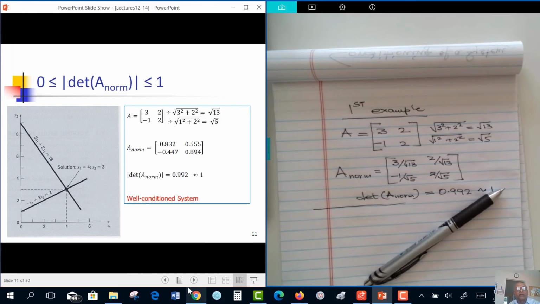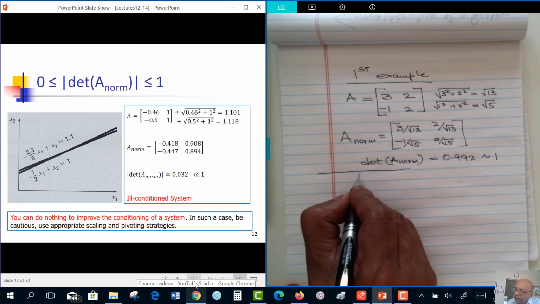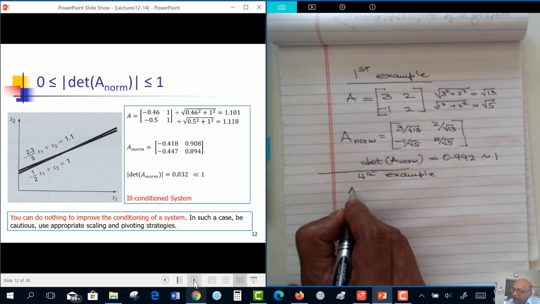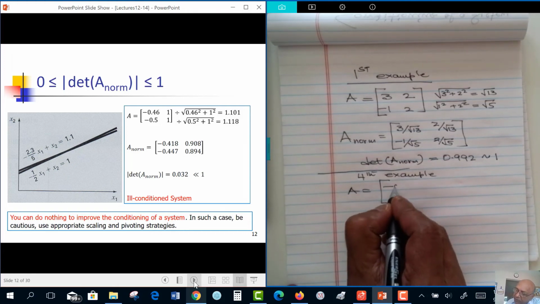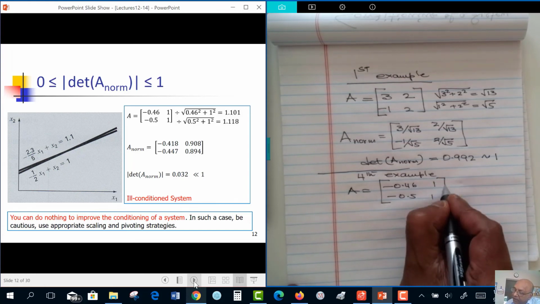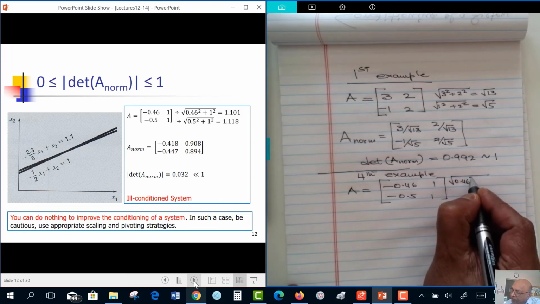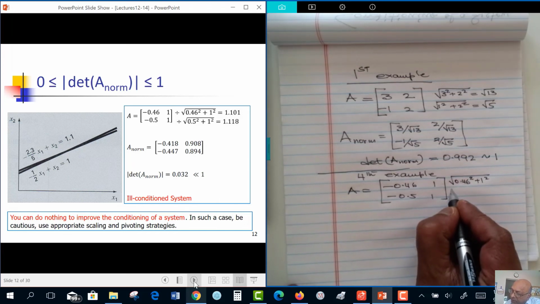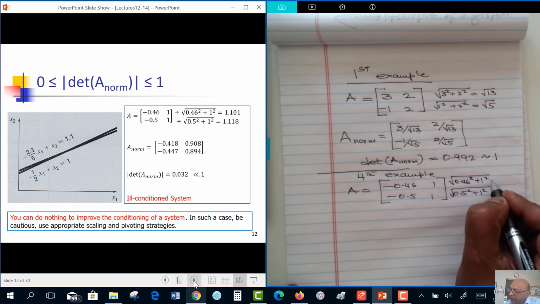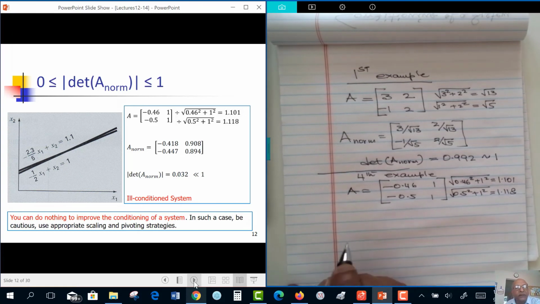Let's consider our fourth example. Matrix A was minus 0.46, 1, minus 0.5, 1. So our factor is the square root of 0.46 squared plus 1 squared, and 0.5 squared plus 1 squared. So this is 1.101, 1.118.